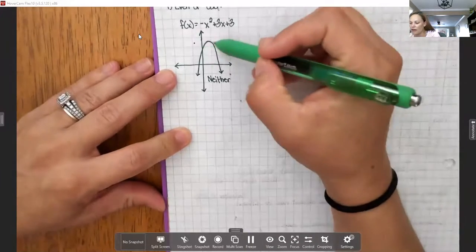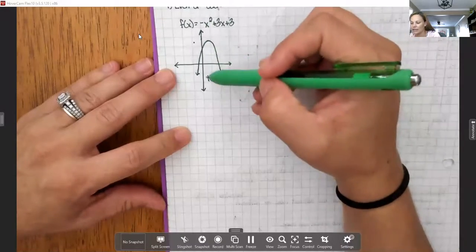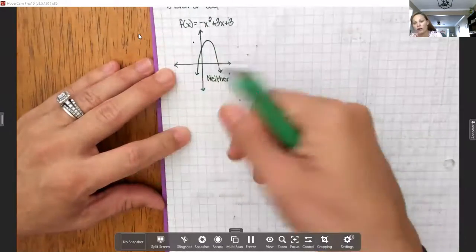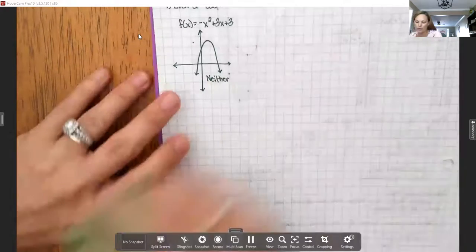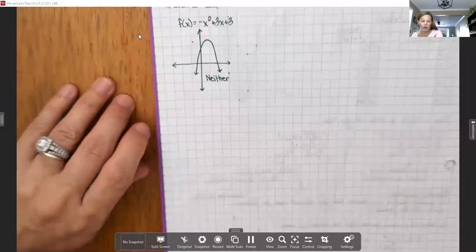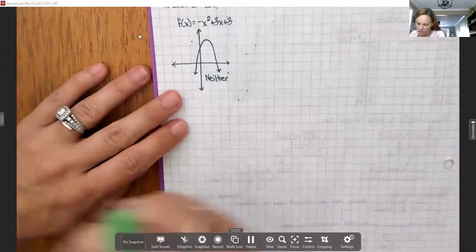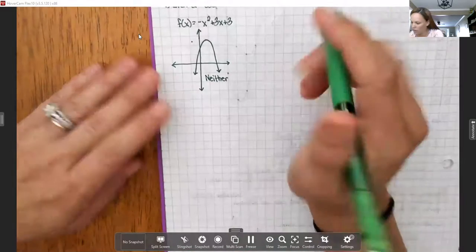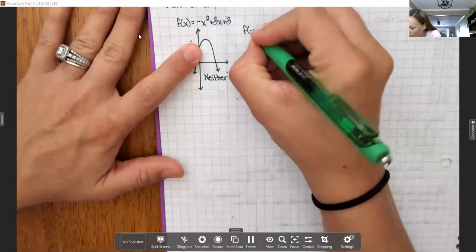Again, if it's even, it has that reflection symmetry. You can fold it on the y-axis and it lands on itself. If it's odd, you can turn it 180 degrees around the origin and it lands on itself. So it's neither. And then to do this algebraically, we plug in negative x.